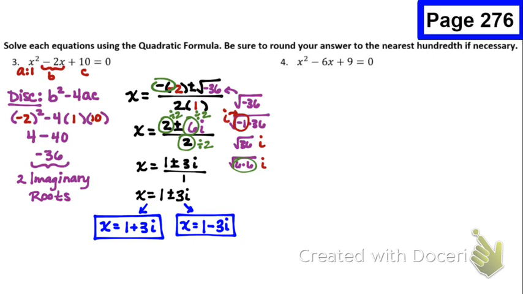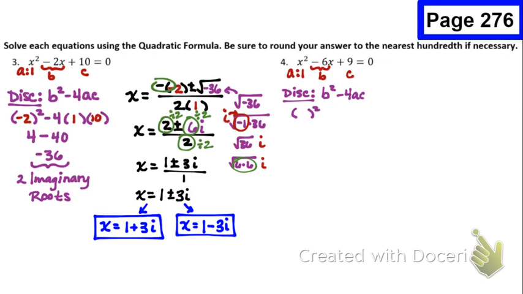How many and what type of roots are there? 1 real root. What are the a, b, and c values? A is 1, B is -6, C is 9. So I take -6 and I square it.